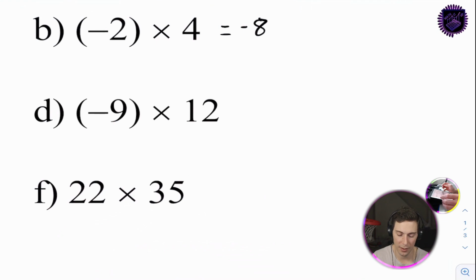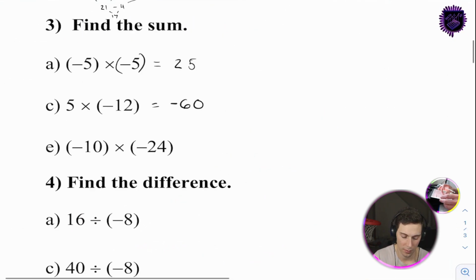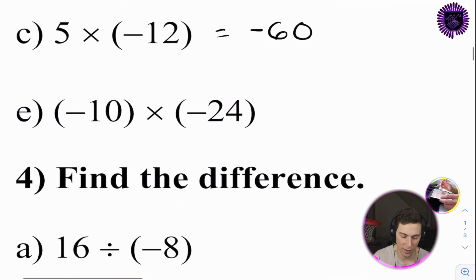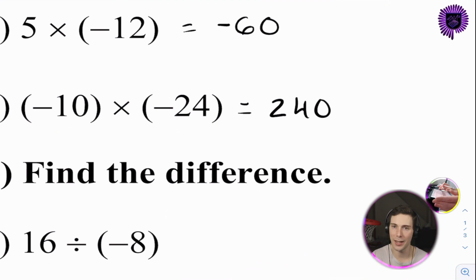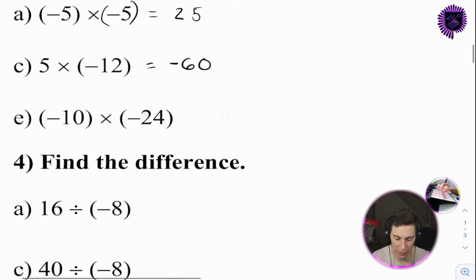So 9 times 10 is 90. 9 times 2 is 18. 108. 108, but it's a -108. -10 times -24, simply 240. Negative times a negative equals a positive. Not too difficult to think about that.